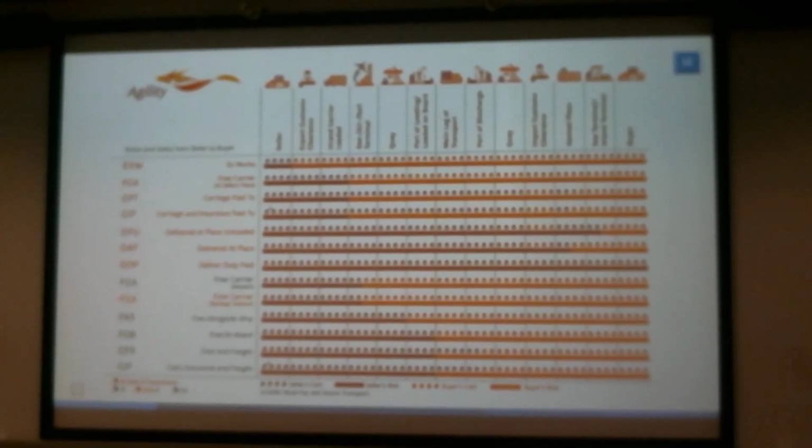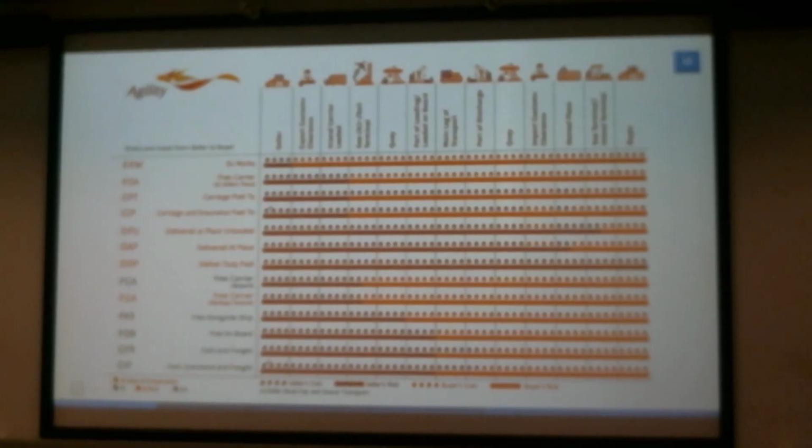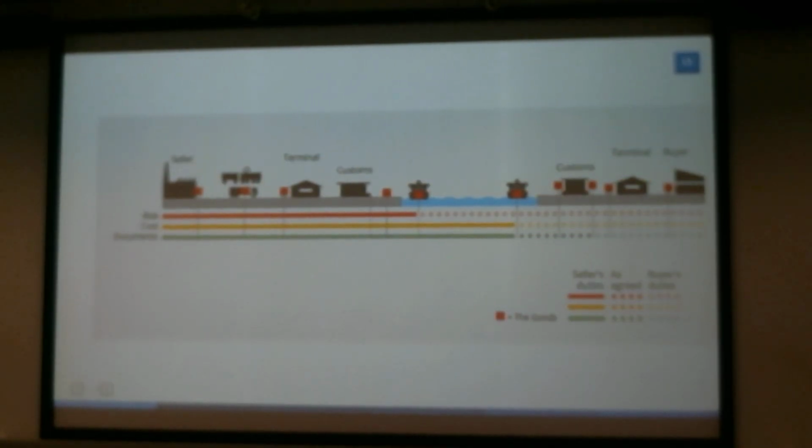So basically people are trying to regulate at which point of time this loss is going to be considered the buyer's. And yes, you see quite a clear example here. We would have to decide, would it be at the factory, would it be at the terminal, what about the customs, who bears the cost?